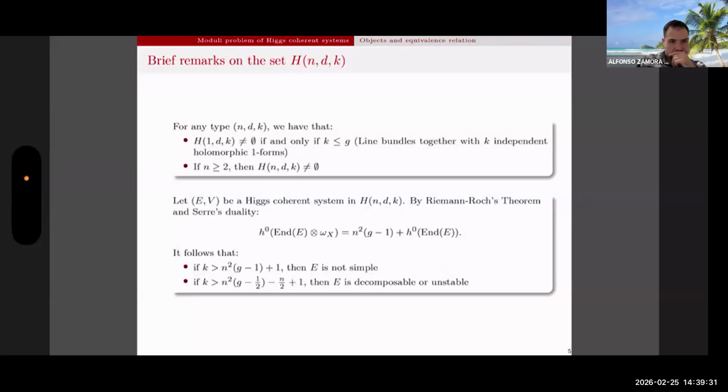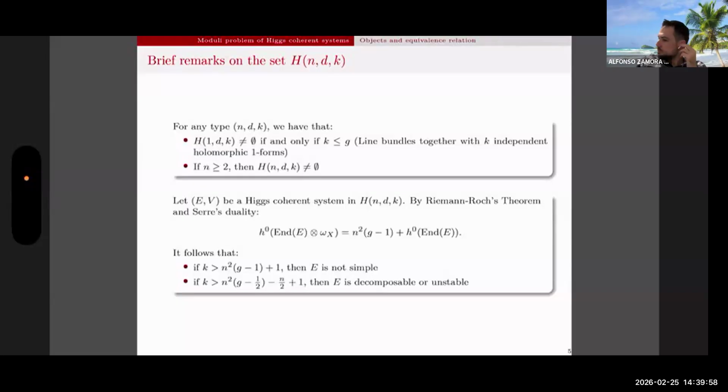And by Serre duality and the Riemann-Roch theorem, we can see that the value of k implies conditions on the vector bundle, as we can see in these two cases. For example, if the vector bundle is simple, we know that k has to be less than or equal to this number.